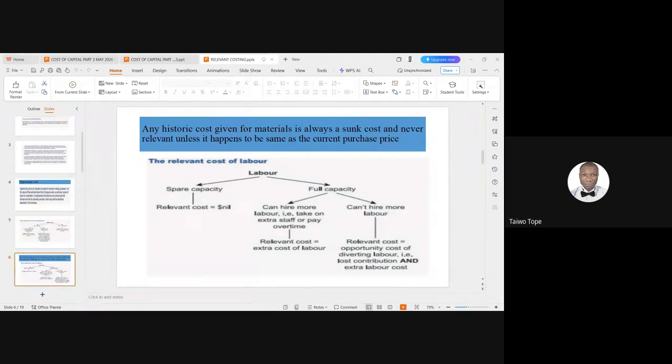So why are we bringing this up? The essence of this concept is for you to know either to make a product or to buy.